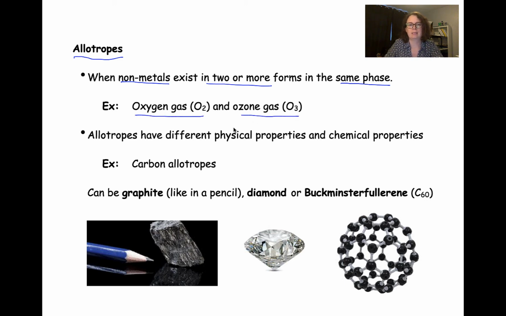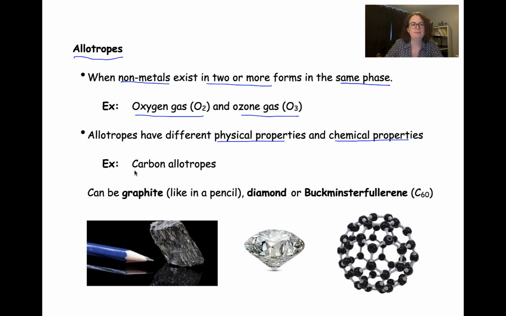Ozone gas is something a little bit different. But these are considered allotropes of each other because they're the same element in the same phase, but they have slightly different connectivities. And allotropes will have different physical and chemical properties. O2 and O3 react completely differently in the atmosphere with other compounds.